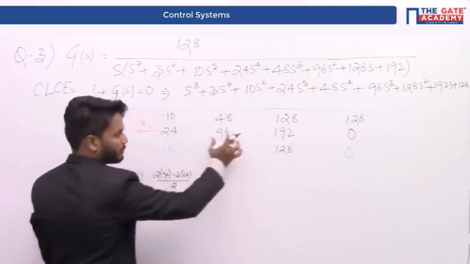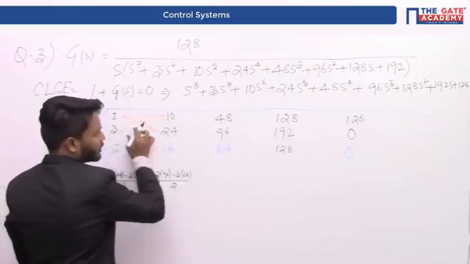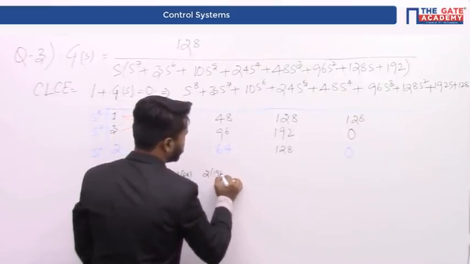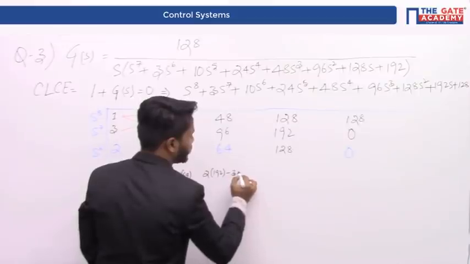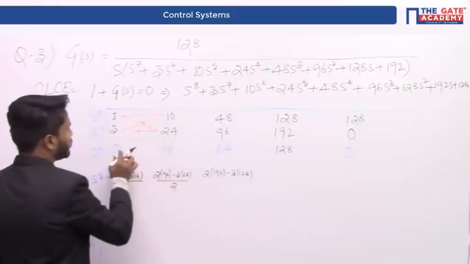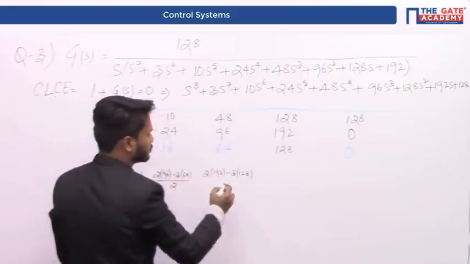Again, 2 multiplied by 192 minus 3 multiplied by 128 divided by 2.